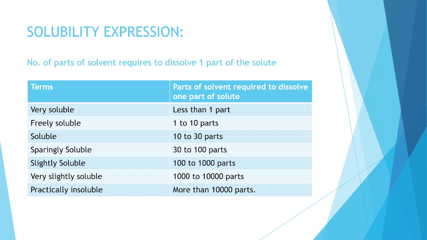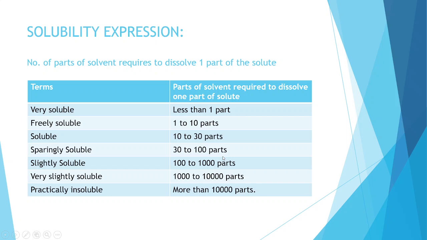Solubility expressions: the number of parts of solvent required to dissolve one part of the given solute. Very soluble means less than one part of solvent is sufficient to dissolve the solute. Freely soluble requires 1 to 10 parts, soluble 10 to 30 parts of solvent to dissolve the same quantity of substance, and sparingly soluble 30 to 100 parts.